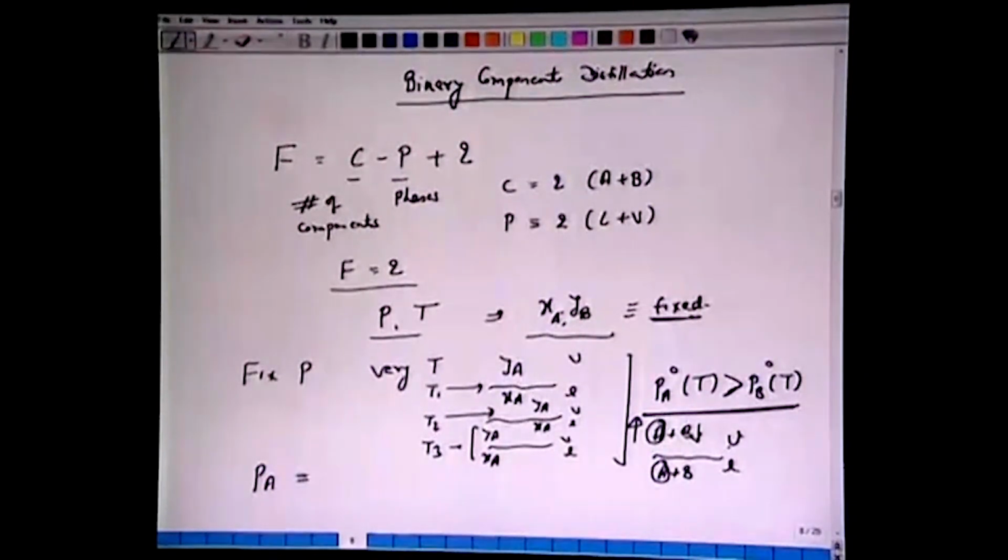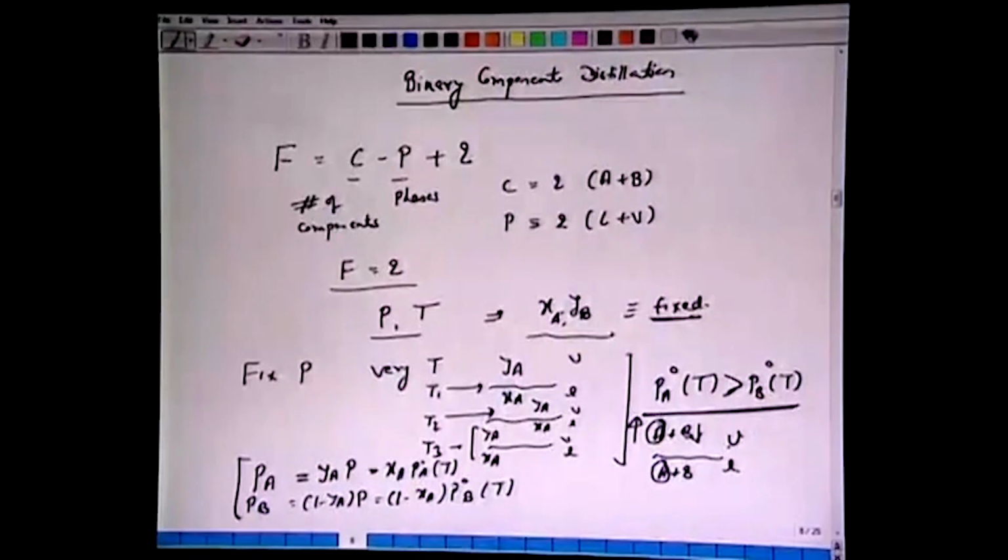How? Quantitatively we can calculate the partial pressure of A as YA P equals XA PA0(T), and PB equals (1 minus YA), which is YB, times the total pressure, equal to (1 minus XA), which is XB, times PB0(T). So we fix pressure and temperature.